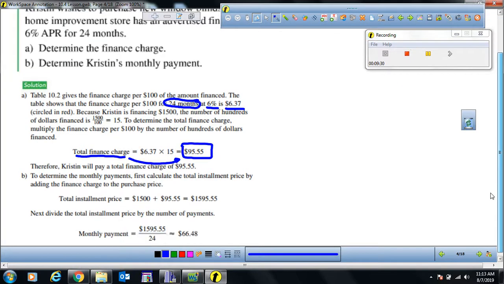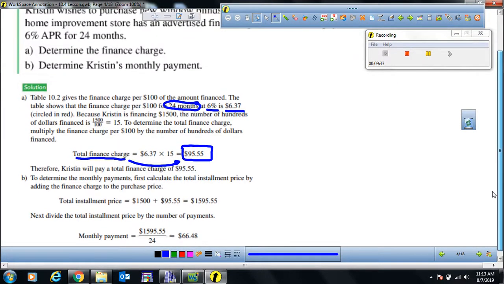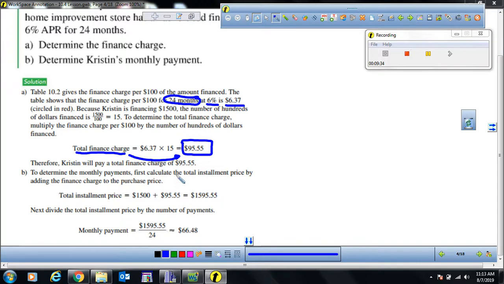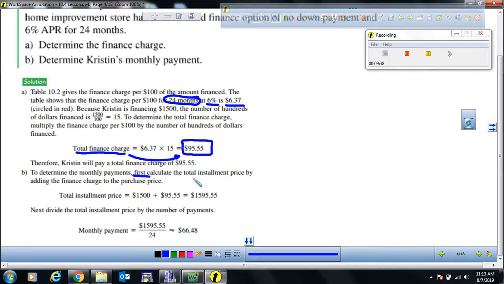For letter B, it says determine Kristen's monthly payment. To determine the monthly payment, first we calculate the total installment price by adding the finance charge to the purchase price. She is borrowing $1,500, but then they're going to charge you the finance charge, the $6.37 for every $100, which times 15 that we did in letter A was $95.55.